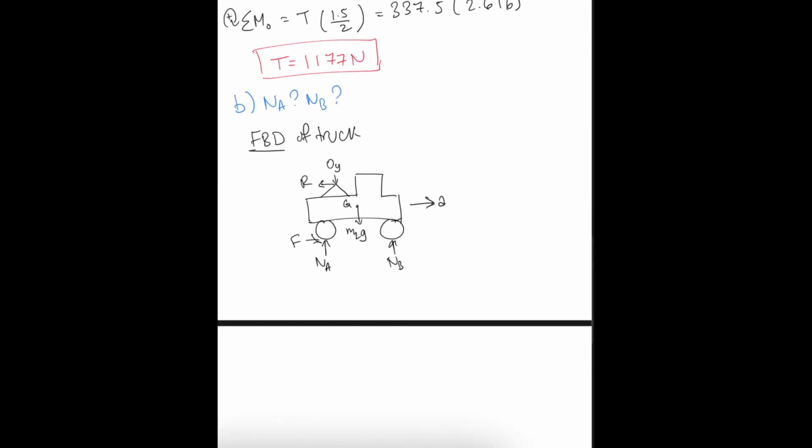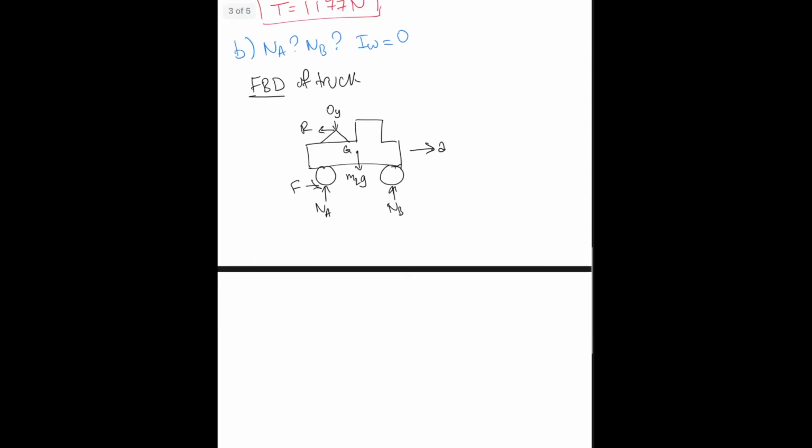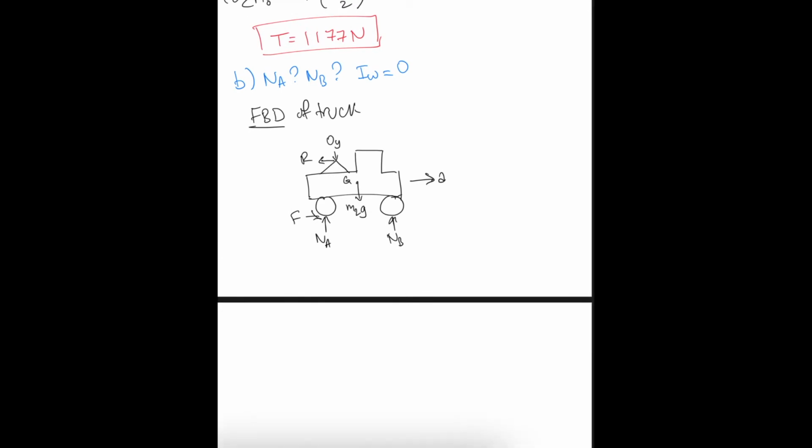So, knowing that the rotational inertia of the wheels is 0, we can first try to find our OY and R before we start with our analysis for the normal forces of NA and NB.